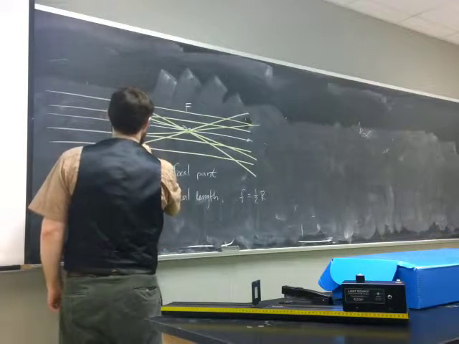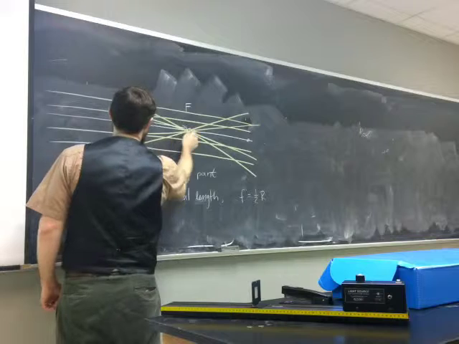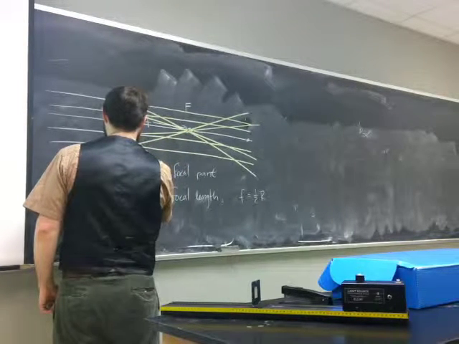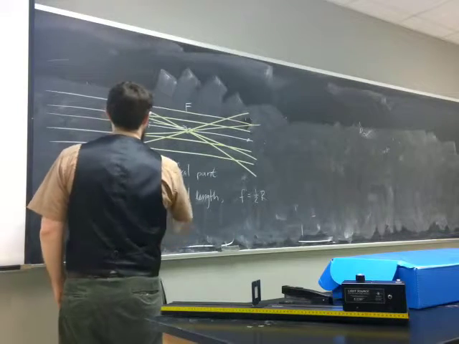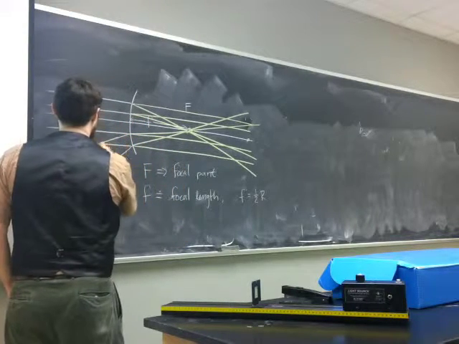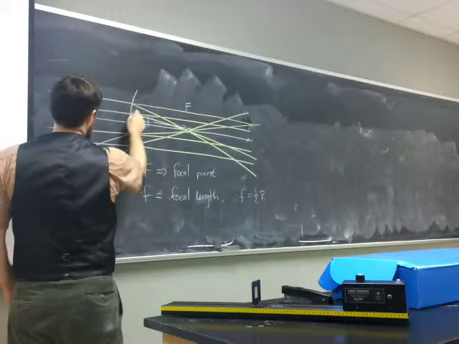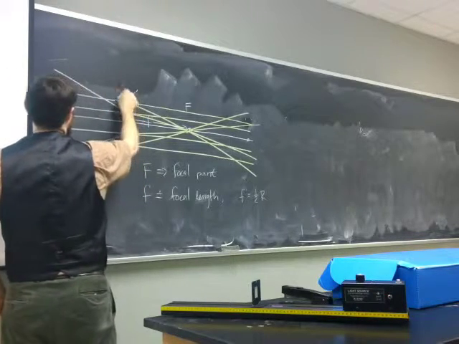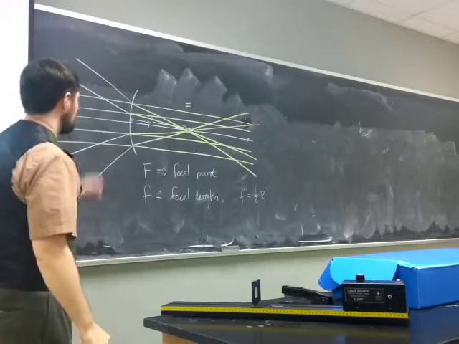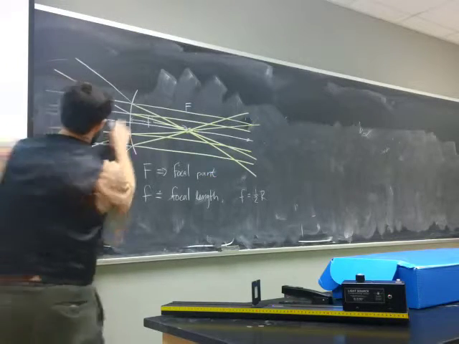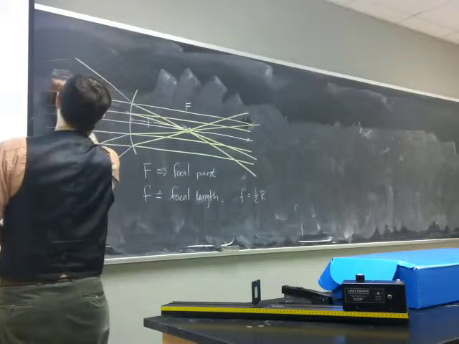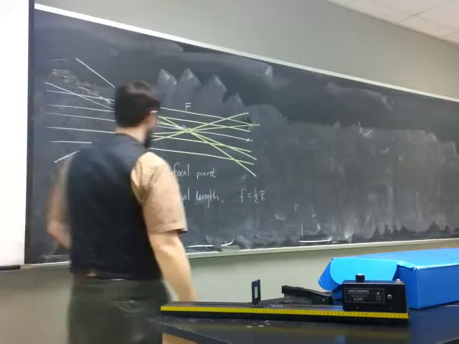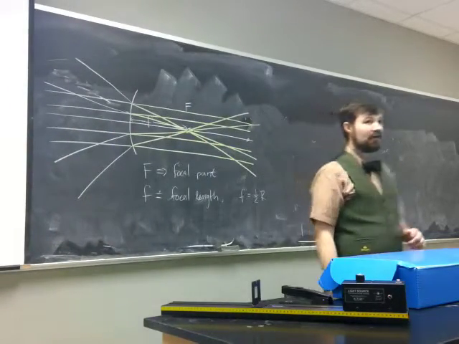And instead of reflecting back this way, they reflect off this way. You see the rays are basically spreading apart. I've drawn this one badly though. There we go. The rays are basically spreading apart.